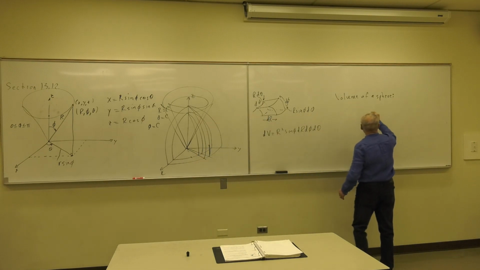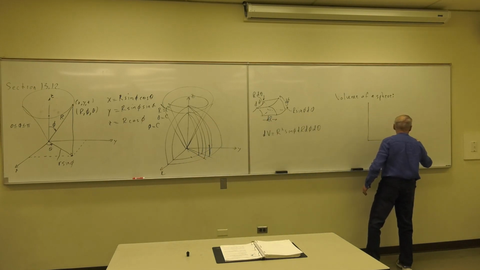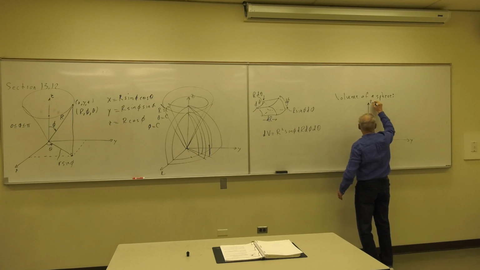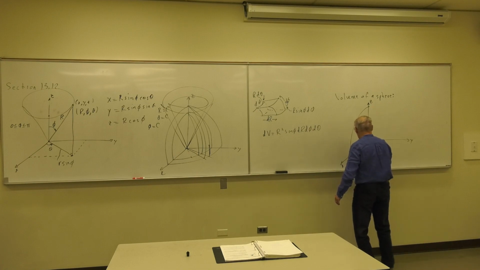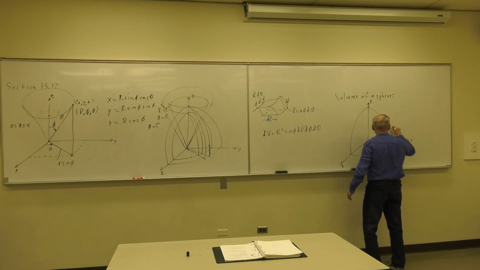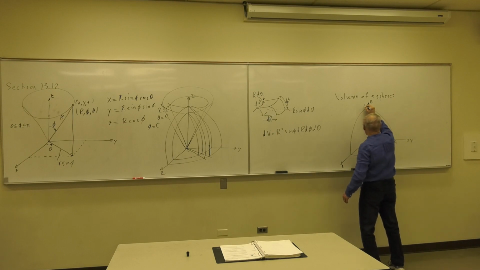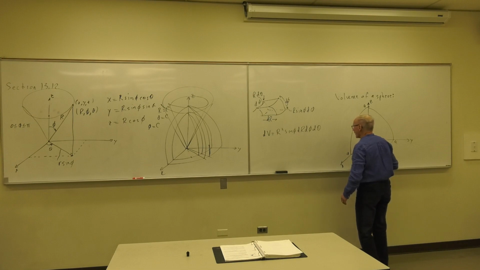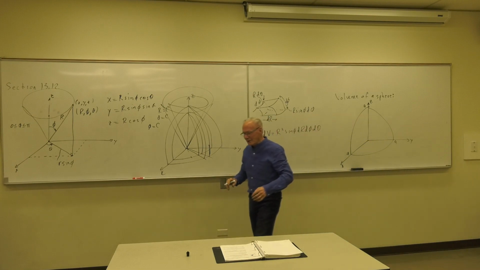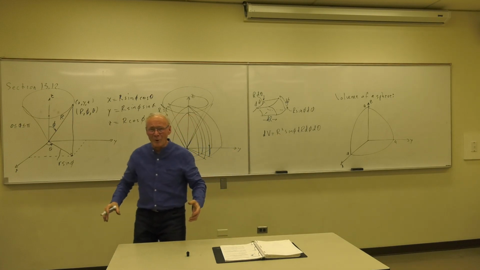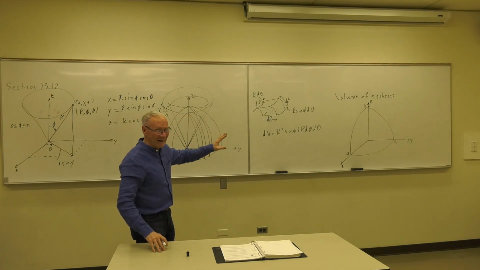So let me draw a sphere centered at the origin. Here's the first octant part of it. Let me call the radius a. Don't want to use R, because that would be confusing with this one. I don't want to use little r, because you might think I'm talking about cylindrical coordinates. So I'll use a.